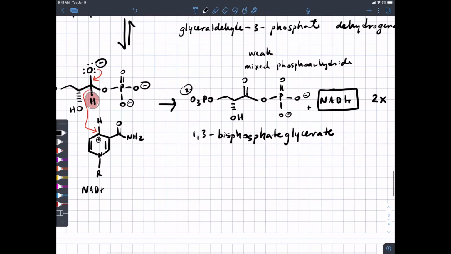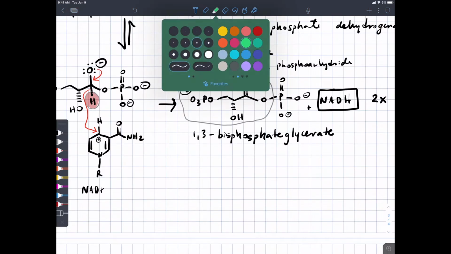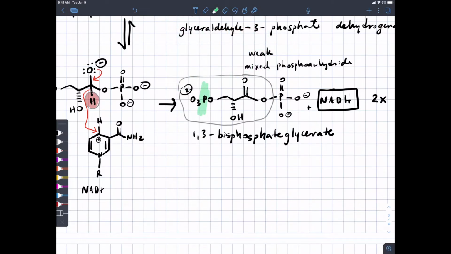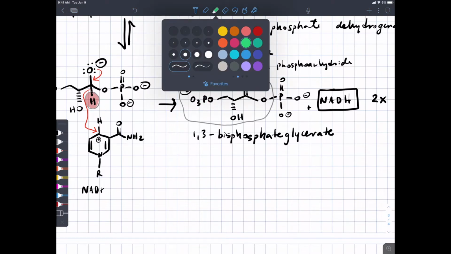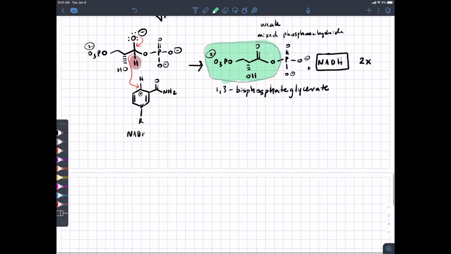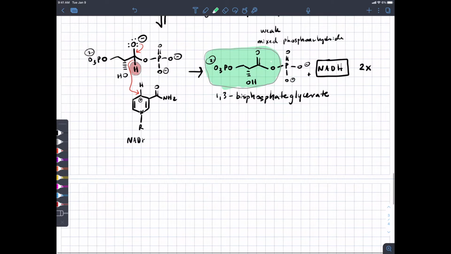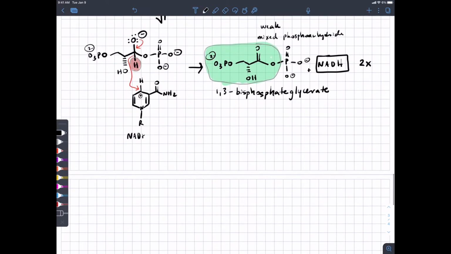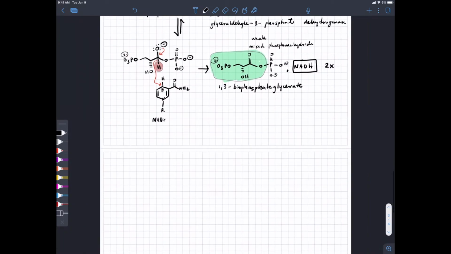And that's going to allow us to treat this molecule as though what I have circled in gray is a good leaving group. Notice that if this group left, it would leave as the negatively charged carboxylate, and that should be reasonable. So at this stage, we're set up to recoup our investment of ATP.